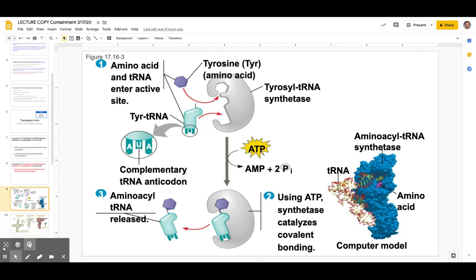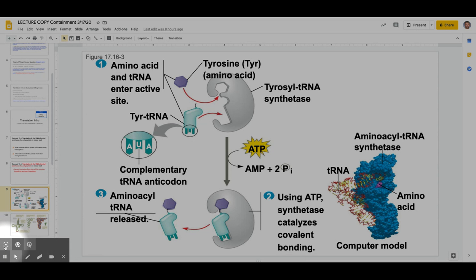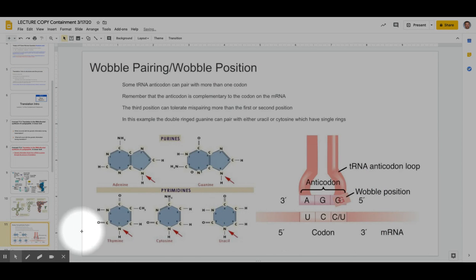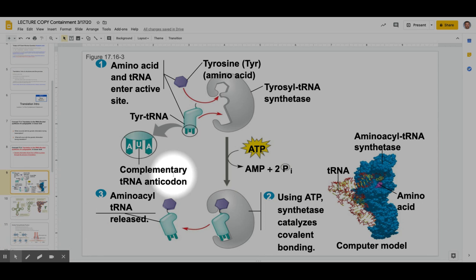This accurate translation of the genetic information relies on two instances of molecular recognition. And the first one's taking place in these places, okay? This is a correct matching up of the tRNA and amino acid.